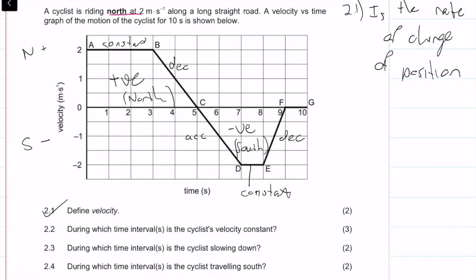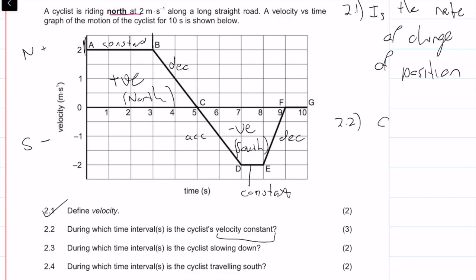Question 2.2: during which time intervals is the cyclist at constant velocity? So when is he traveling at a constant velocity? We answered this right in the beginning. We can give it in intervals of time.